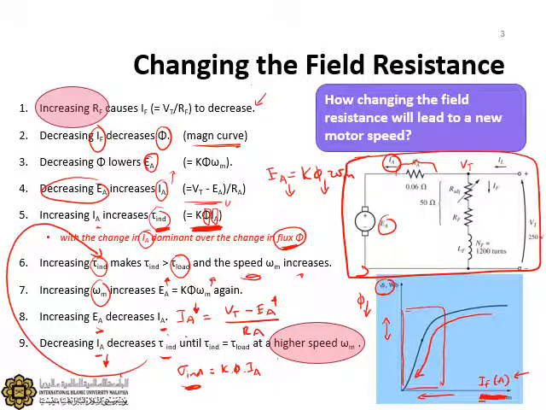But the speed will still go up, and then it will follow the same steps, 6, 7, 8, 9. When we reach number 9 again, the induced torque will be even less, and you start from number 6 again, until the induced torque is reduced so much that it becomes equal to the load again. And this will happen at a higher speed.